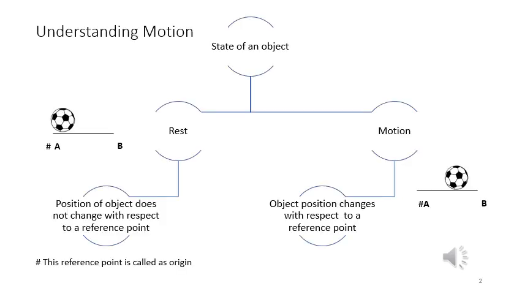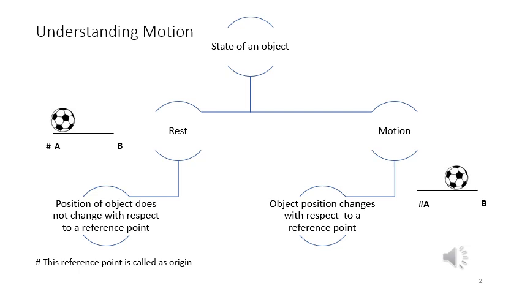To understand motion, we need to first understand what is the state of an object. The state of an object could be at rest, or the object is moving, or the object is changing its position with respect to time. Let's understand what one means by an object being at rest.